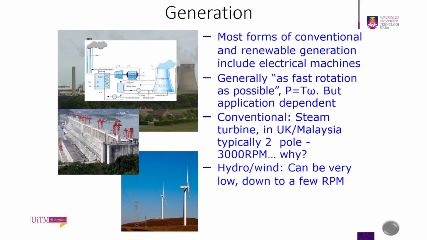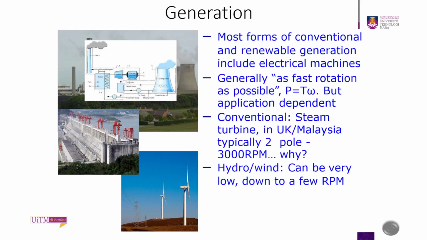You want to make it as fast as possible, but that's not always the case, because sometimes your main rotor, the prime mover, is, in terms of wind, a wind turbine, which usually rotates at very low speed.